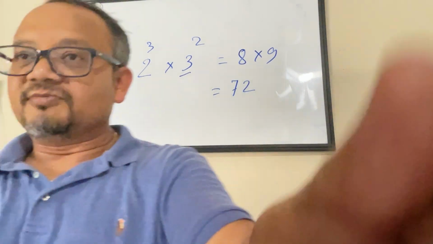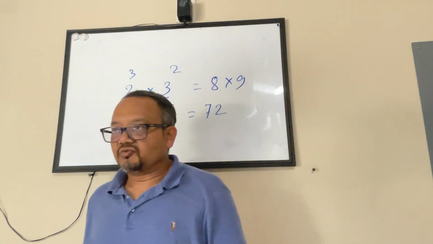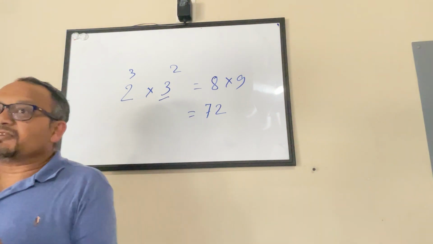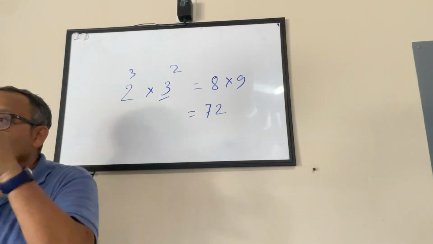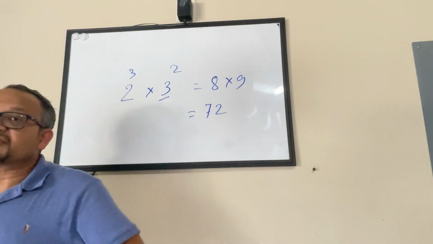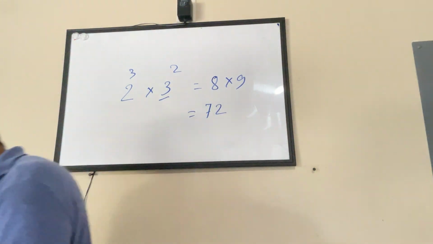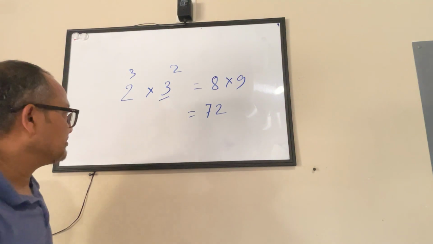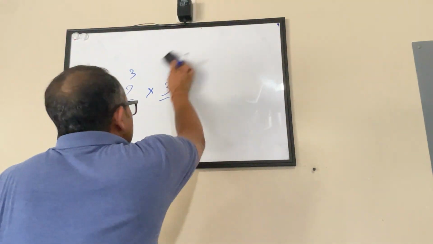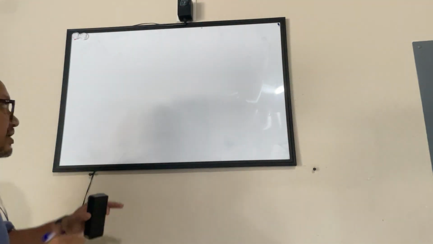That will be a crime. Okay? So what I'm saying is, when you are dealing with exponents, deal with the exponents only when you see the base is the same. If the base is different, it's a normal multiplication or division, whatever it is. Exponent is only a smarter way of dealing with the numbers when your base is the same. So always be watchful, always be mindful of what you are doing.